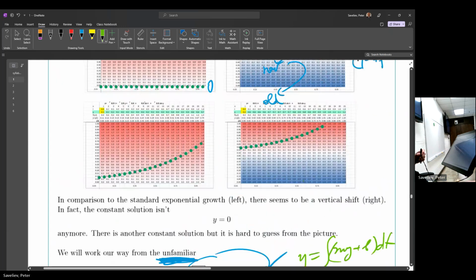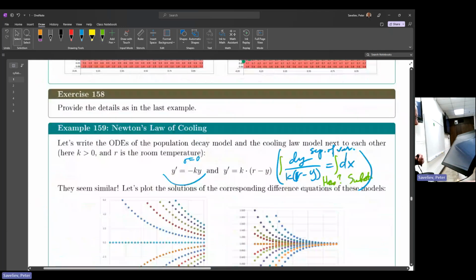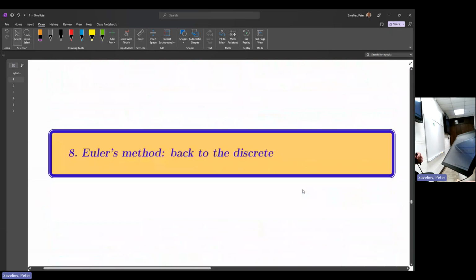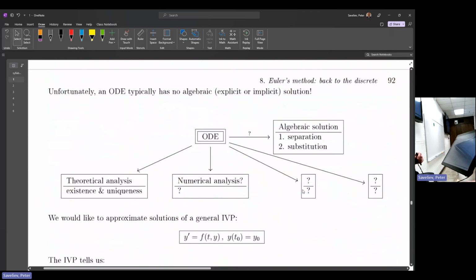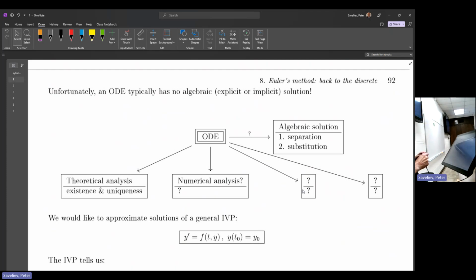Okay, so let me just say a couple of words about where we're moving on next. I made a little diagram here, but to summarize, this is what we have done. The differential equation, and what we emphasized today and yesterday and the day before is the algebraic solution on the right, with separation of variables or substitution. So these are the two methods that we have so far. And the alternatives are here.